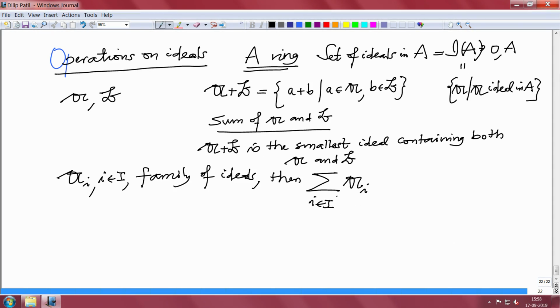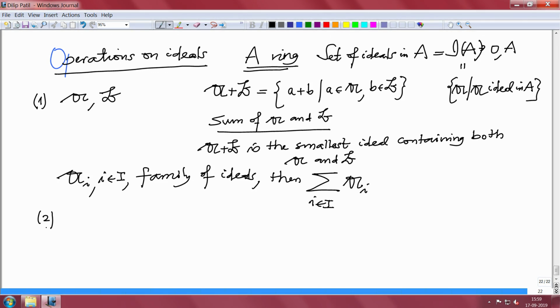Remember, we are not taking infinite sums. This is just a notation for the smallest ideal which contains all of the ideals. And definitely there is one ideal which contains all of them, namely the unit ideal A. So it makes sense. So this was the first operation on ideals, the sum operation.